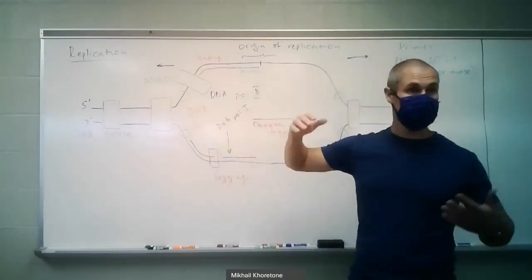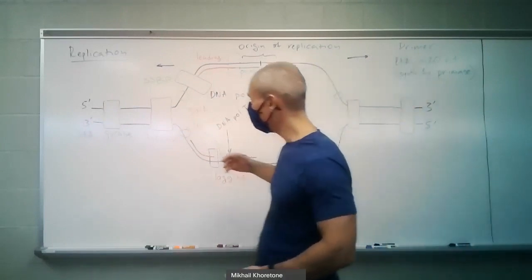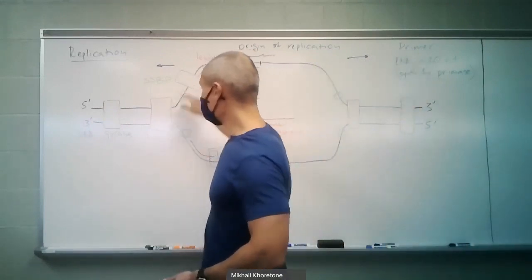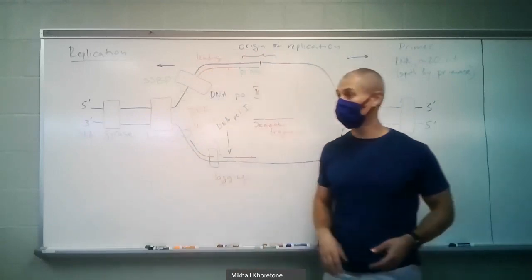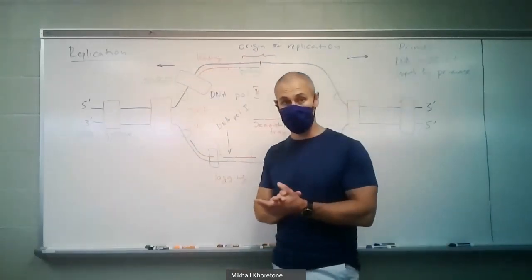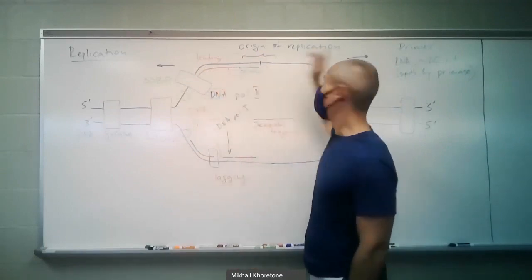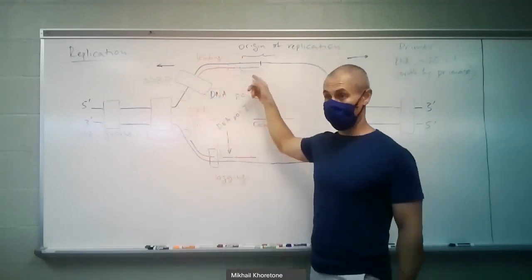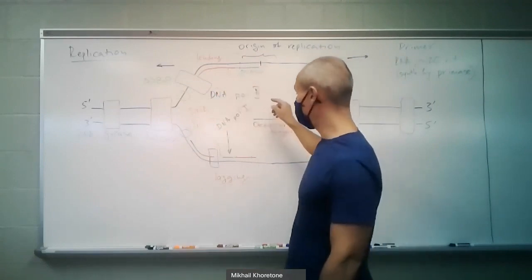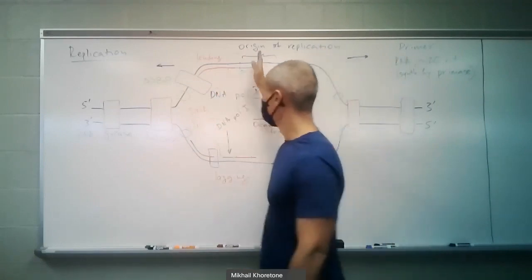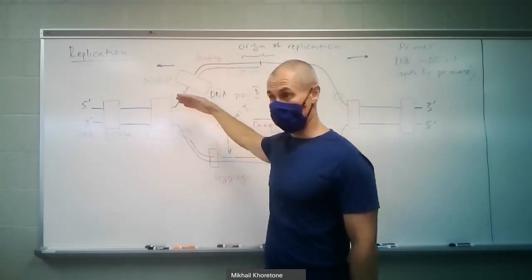There are a lot of AT pairs. And then single-stranded binding proteins prevent DNA strands from coming back together. DNA polymerase primase synthesizes primers for DNA polymerase 3 to start DNA synthesis.